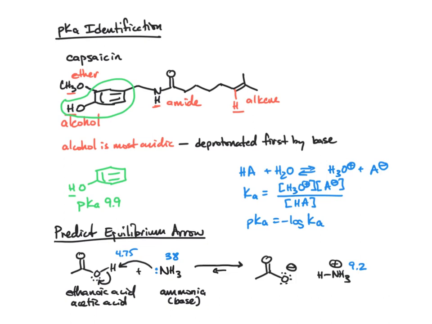You'd get NH2 minus. And remember on this table, when you have really weak acids, their conjugate bases are really strong. So we use that conjugate base of ammonia as a really strong base to do other chemistry.